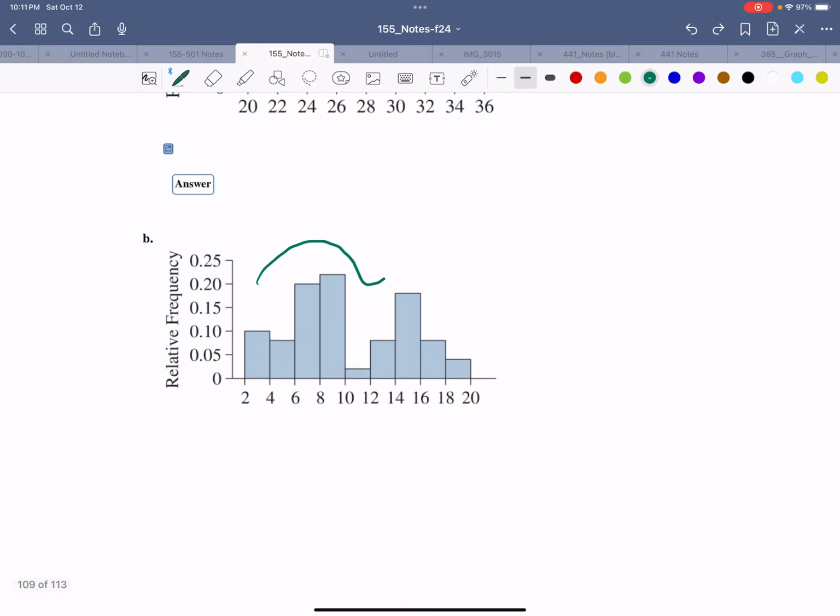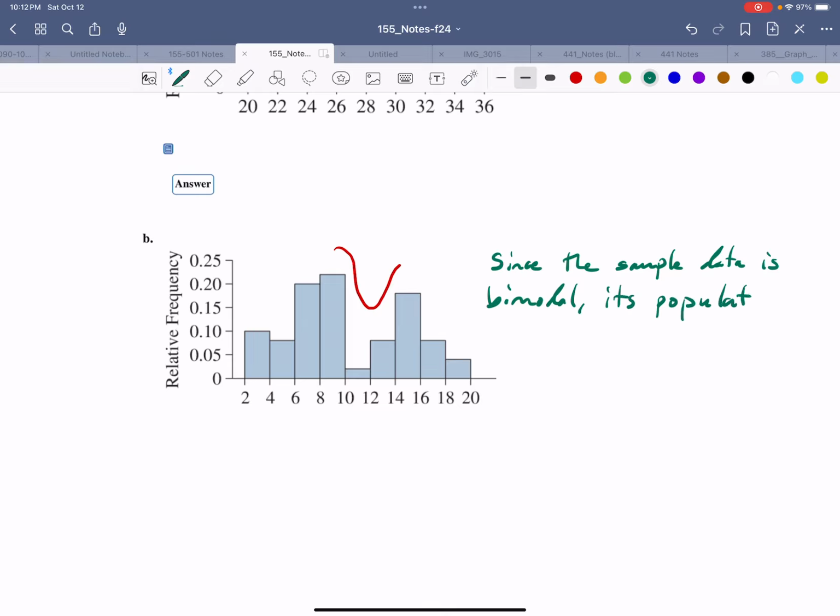This, on the other hand, has some bimodality going on. So that population is likely not normal. Since the sample data is bimodal, its population likely is not normal, which means normally distributed.